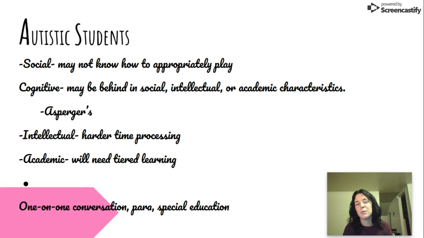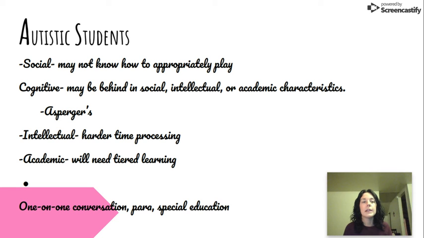Cognitively, they will be behind, most likely in social, intellectual, and/or academic characteristics. And then Asperger's is just a branch of autism where these students will excel in their school and in their cognitive and intellectual capabilities, but socially is where they will be lacking.